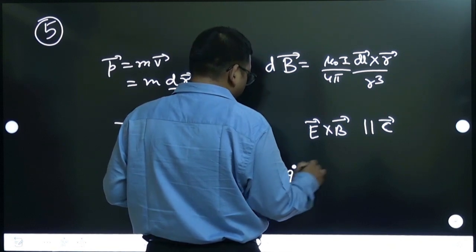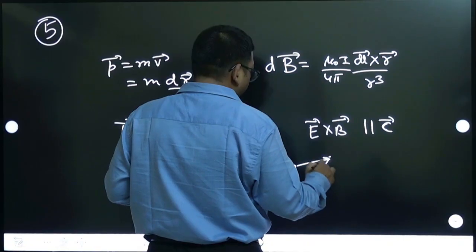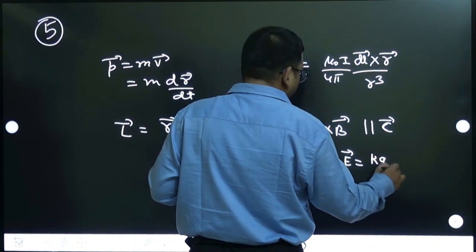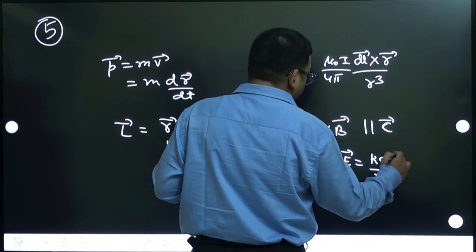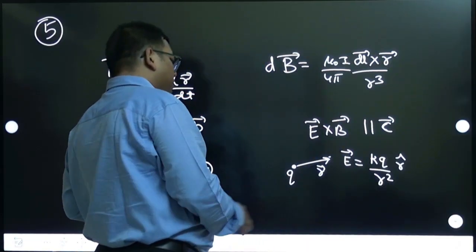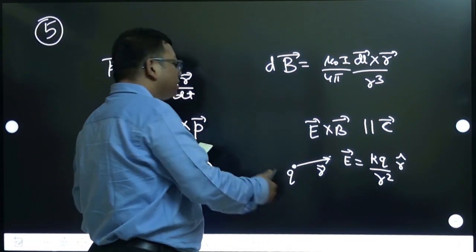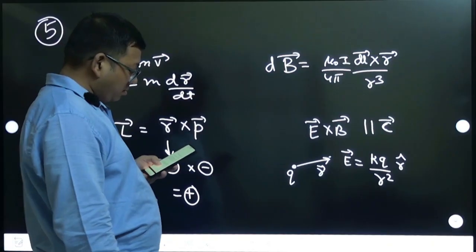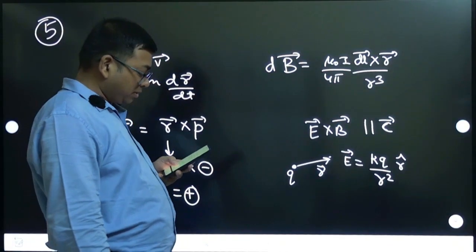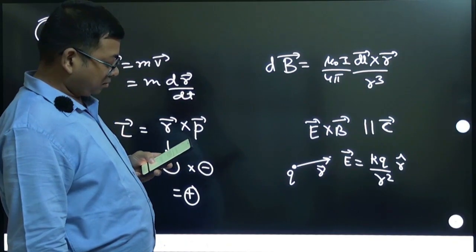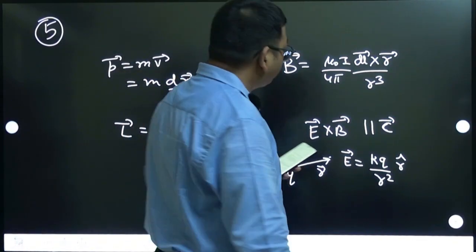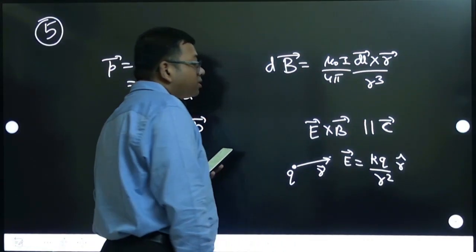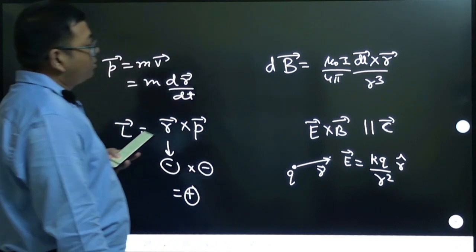Suppose there is charge q, so at this place r vector, the electric field will be kq by r square into r cap. R cap is this direction. If you reverse that r cap direction, then electric field vector definitely will also change. Magnetic field vector, if you define in the same way by analogy, then this magnetic field vector also must change, right?